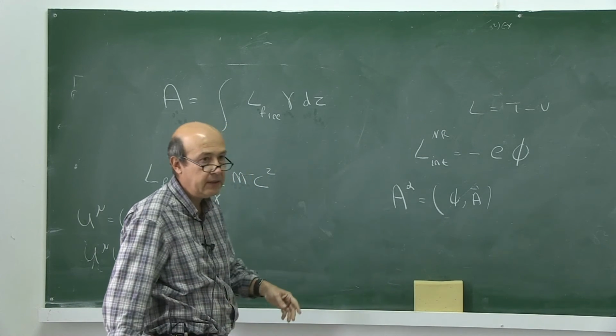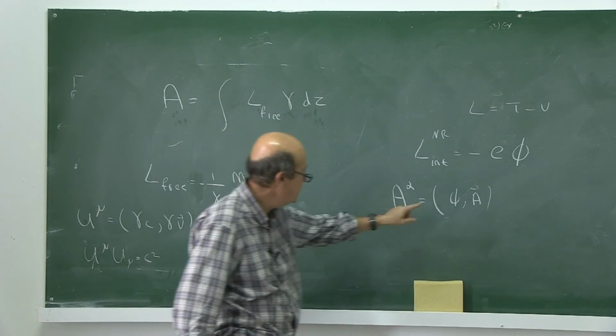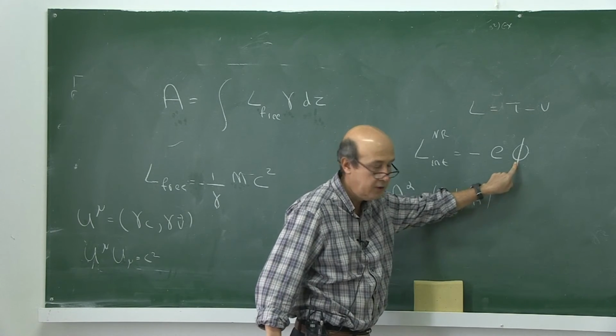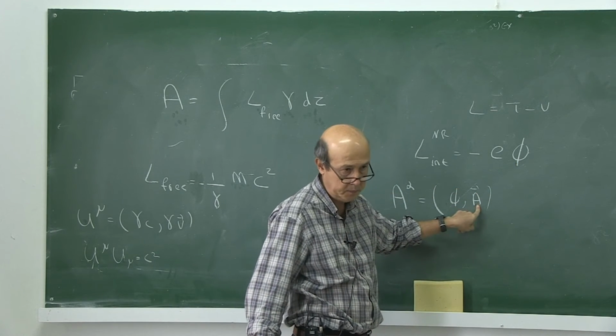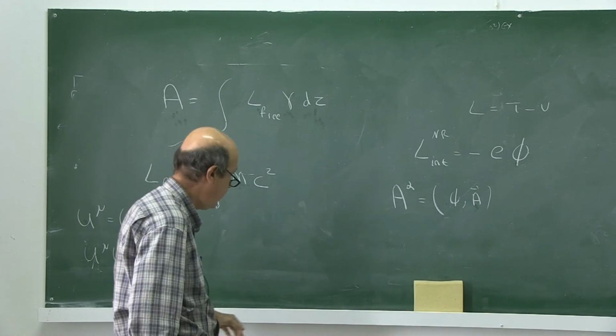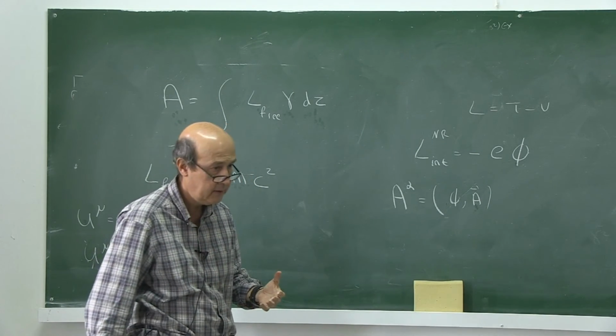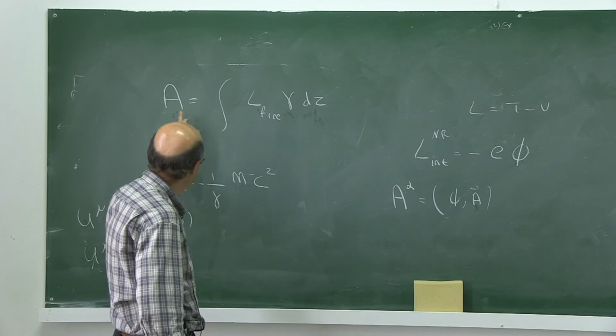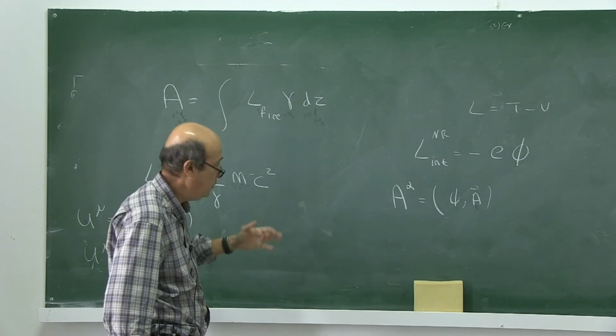If you look at the non-relativistic piece, you see that you don't see the vector potential part. And you need a scalar such that the action doesn't change under Lorentz transformations.